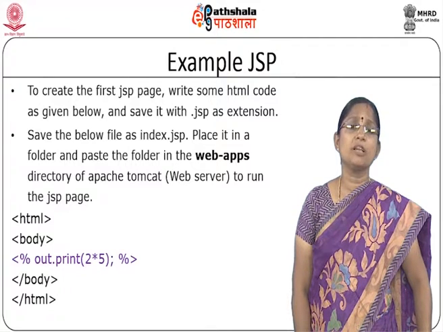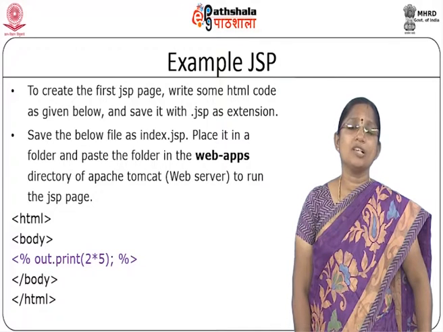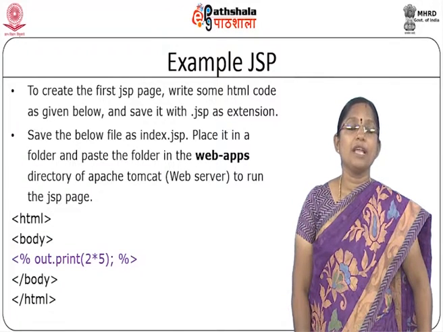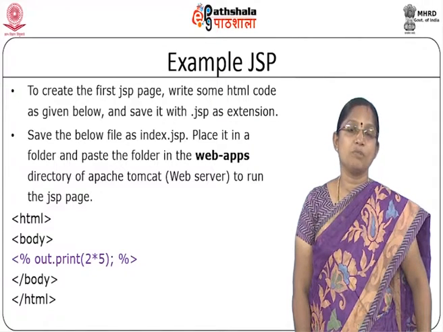Some HTML code has been given below. Let us save this file with .jsp as the extension. In this case, let us save it as index.jsp. Let us place it in a folder and paste that folder in the web apps directory of Apache Tomcat in order to run this JSP page.